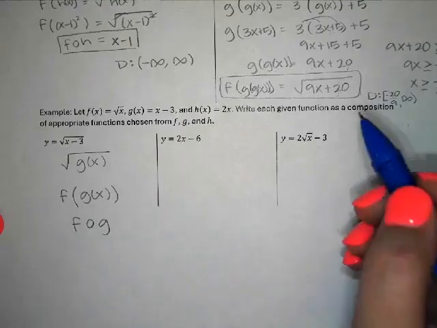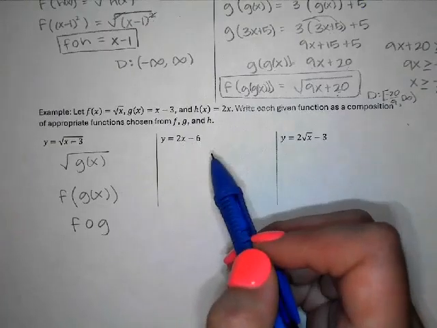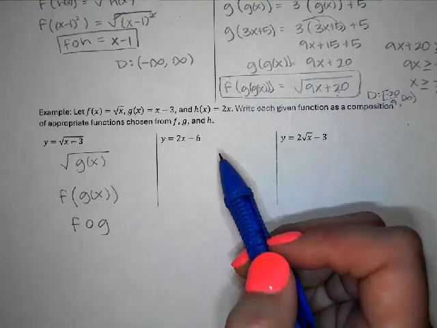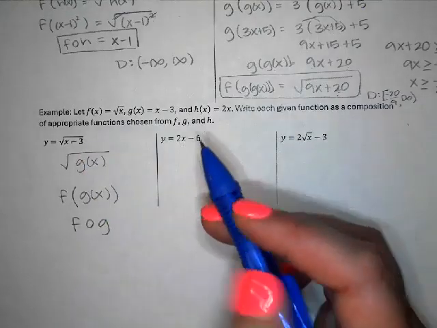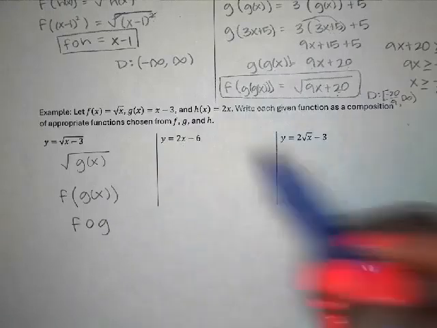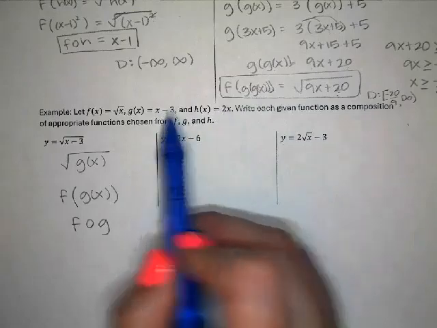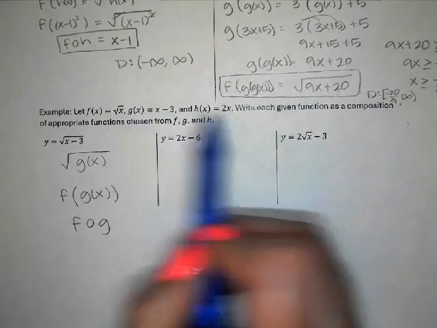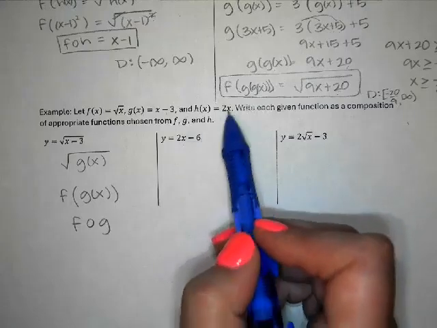This next one says 2x minus 6. And this one is kind of maybe a little bit harder to recognize. That one I feel was pretty straightforward. But here, it's definitely got to be these two. We don't have a square root there, so I'm looking over here and I'm thinking, how could I get that 6? How could I get the 2x with a minus 6 on the end?